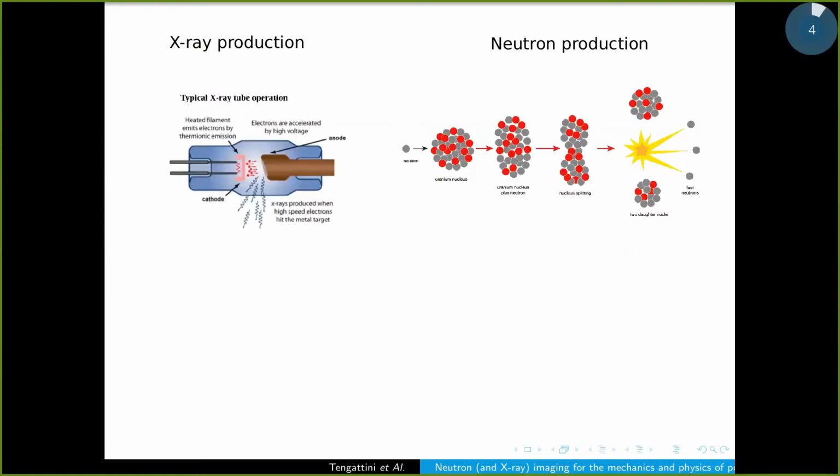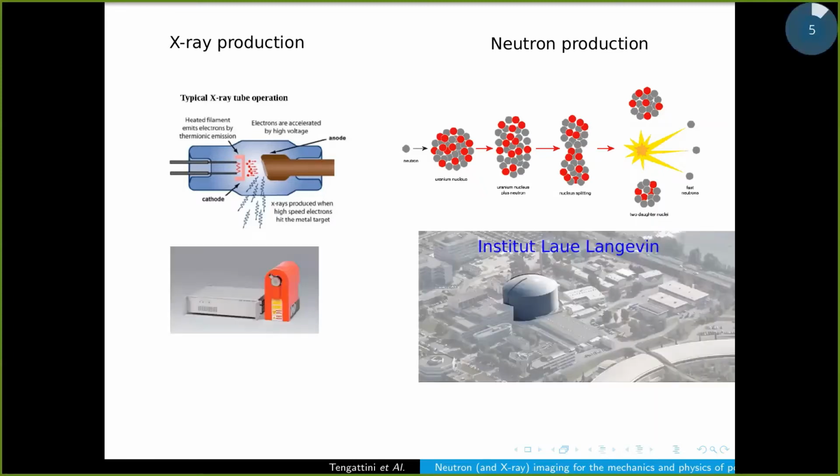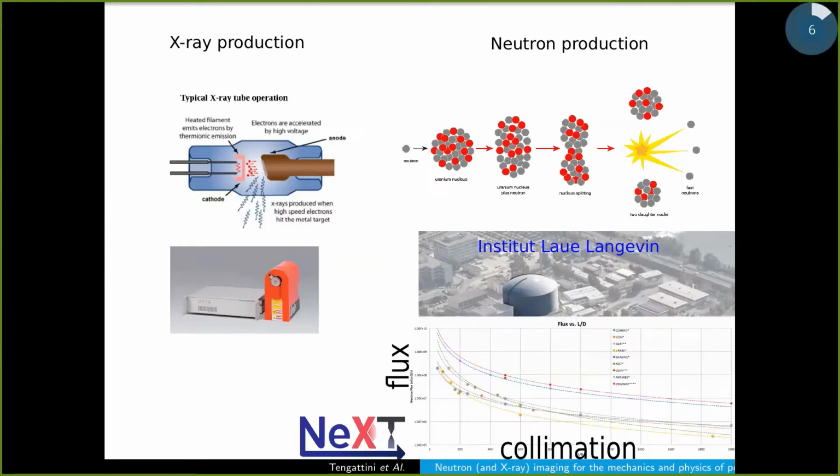Just a quick introduction about how you make them. In the X-rays, it's relatively easy. You accelerate some electrons against a metal target, and through photoelectric effect, you make X-rays. Neutrons, one of the ways to produce them is, for example, through fission, like in an atomic bomb or a nuclear reactor. And specifically, one typically to do neutron imaging requires a spallation source or a nuclear reactor, as is the Institut Laue-Langevin, whose results I'm going to present to you today.